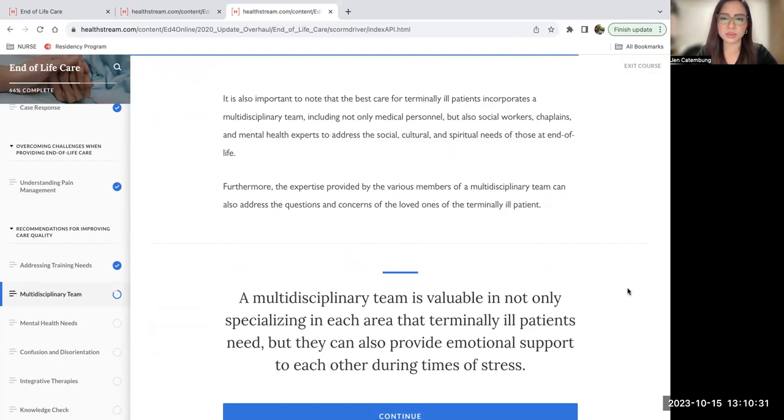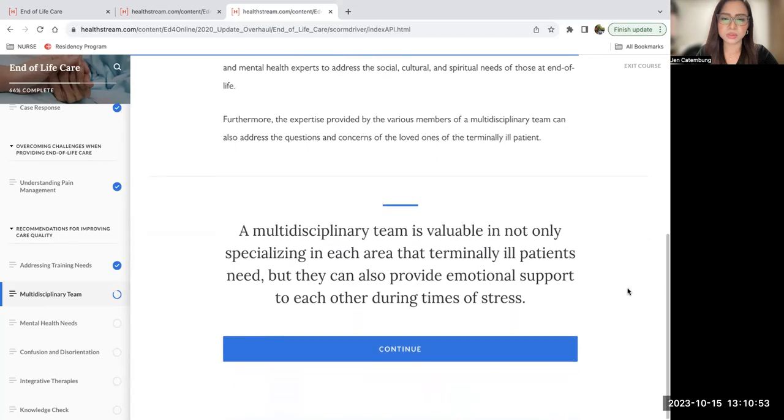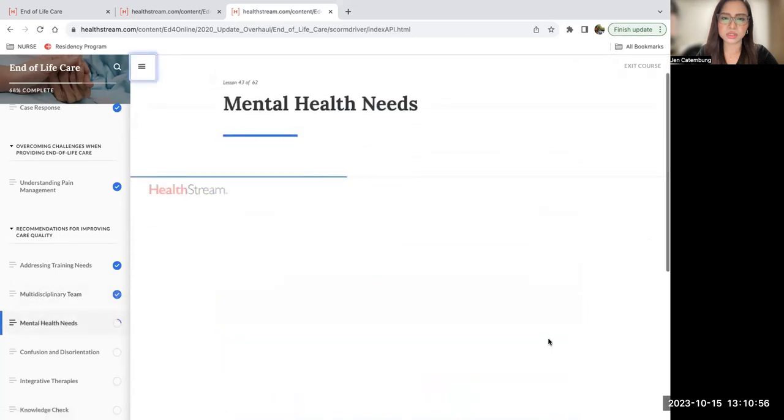Furthermore, the expertise provided by the various members of a multidisciplinary team can also address the questions and concerns of the loved ones of the terminally ill patient. A multidisciplinary team is valuable in not only specializing in each area that terminally ill patients need, but they can also provide emotional support to each other during times of stress.